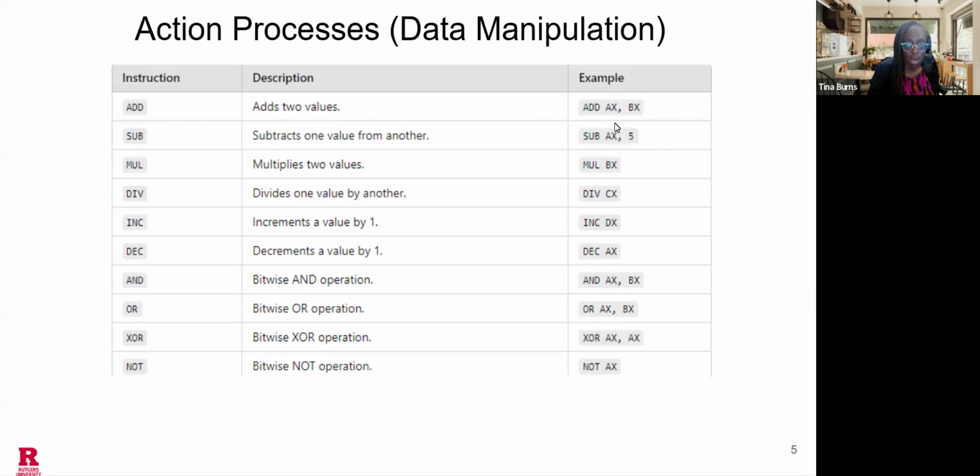The first item after your value is going to be your destination. So I want to subtract 5 from AX, or it's going to be 5 minus AX, and then you're going to store that value into AX. Whatever that value is, it's going to be stored into AX.